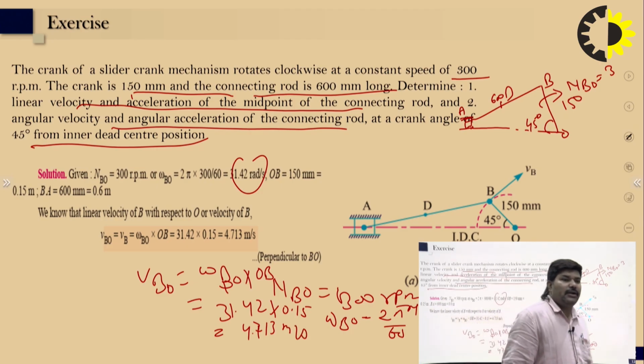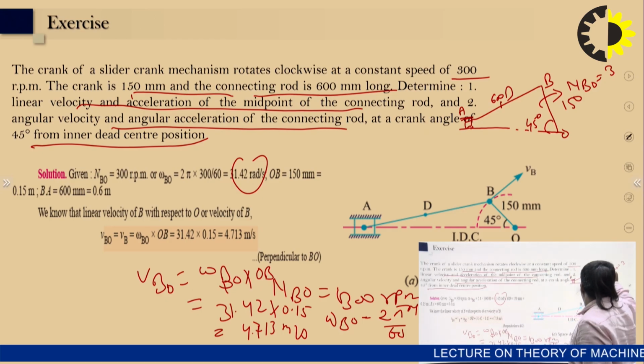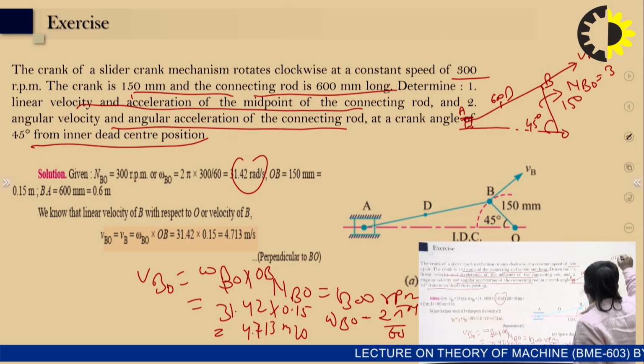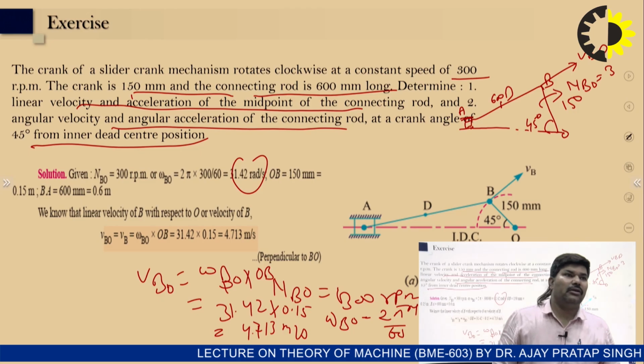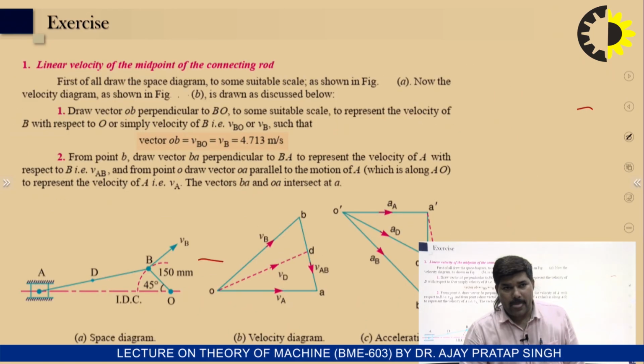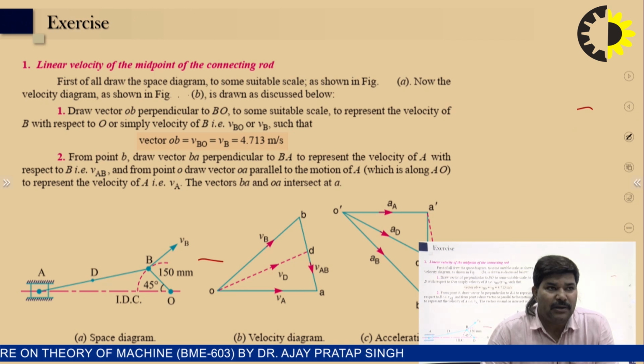So we can calculate and find out. First of all, find out the velocity. You can see the velocity in the clockwise direction, that is the velocity of B with respect to O. Then the velocity of A, and the linear velocity at the midpoint of the connecting rod.